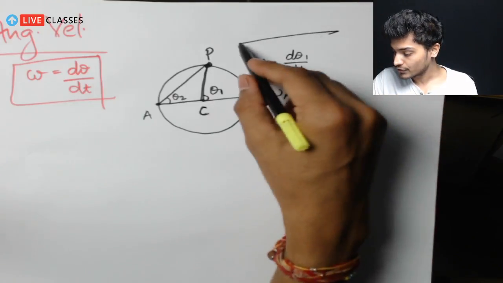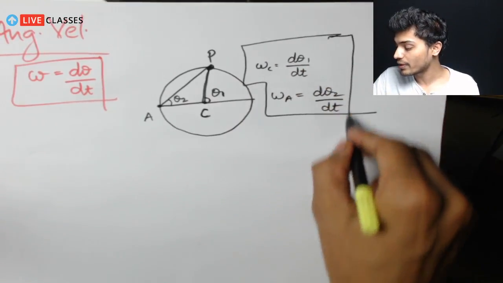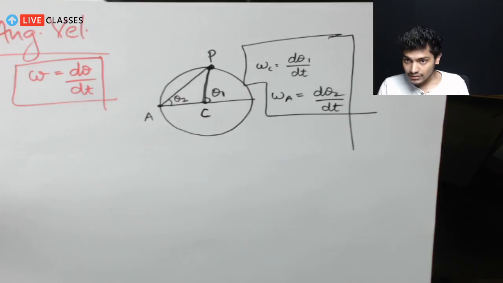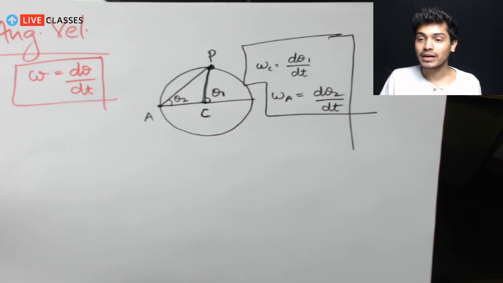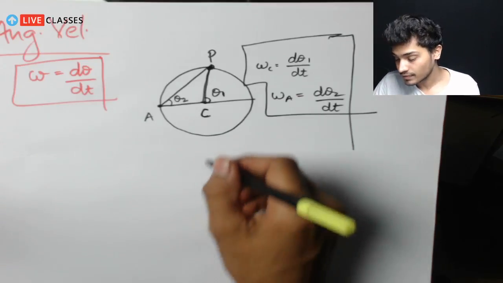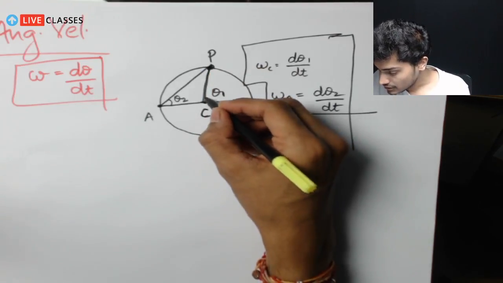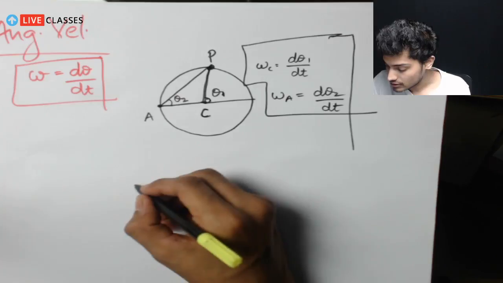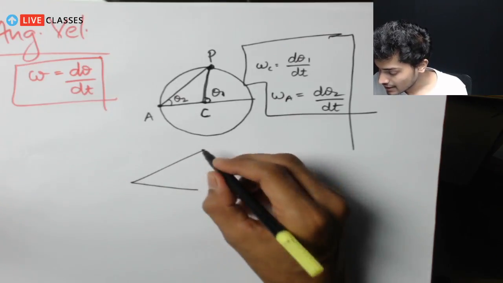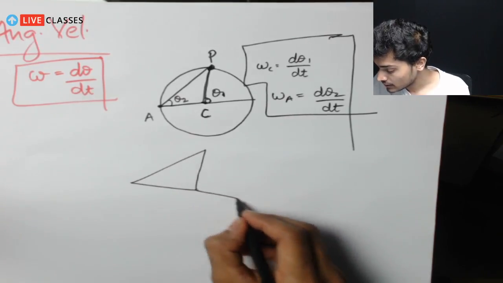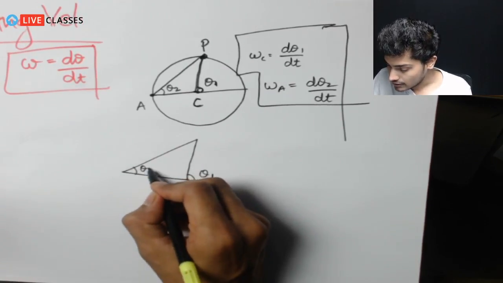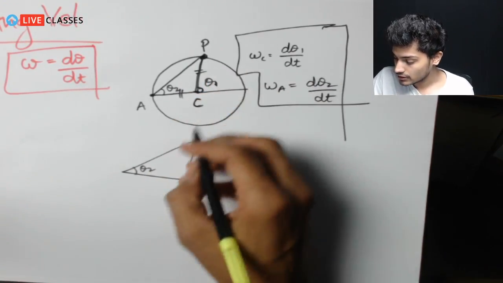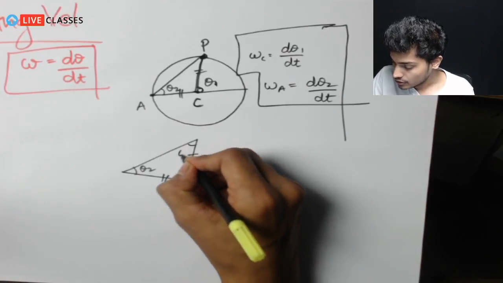So can you find the relation between omega A and omega C? Here we can find the relation between omega A and omega C. How? Let's see. Suppose this is the external angle. Theta 1 is an exterior angle; we have learned this property, right? Theta 1 is the exterior angle here, and this one is the radius, this one is the radius, so the angle will be theta 2 here also.